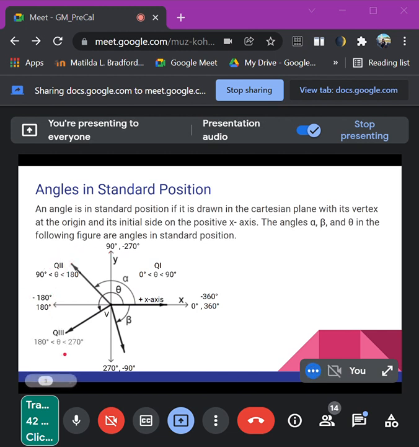Well, here we have 180 degrees to 270 degrees. And for our quadrant 4, we have 270 degrees to 360 degrees. So, in each quadrant is na siya different nga masud ana niya. Corresponding angles. Okay, so far, questions?